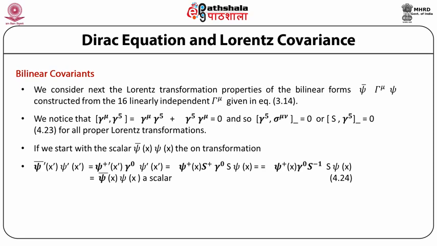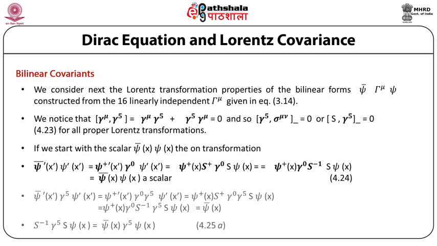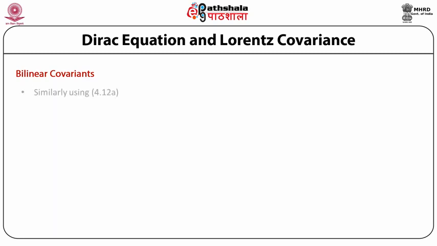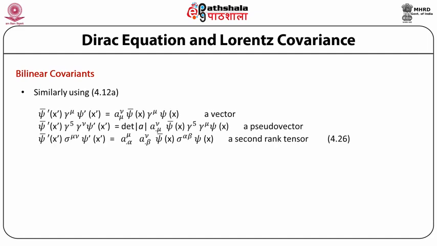Similarly, we find the other equations. The one with gamma phi ends up the same, psi bar x gamma phi psi x. Using the equations, we find psi bar gamma mu psi goes to A nu mu psi bar gamma mu psi, and psi bar prime gamma phi gamma nu psi prime x, the axial vector, goes to determinant of A times A nu mu into psi bar gamma phi gamma mu psi.